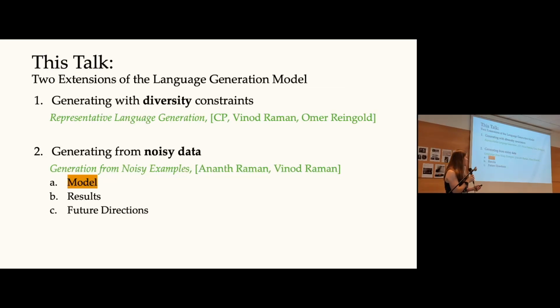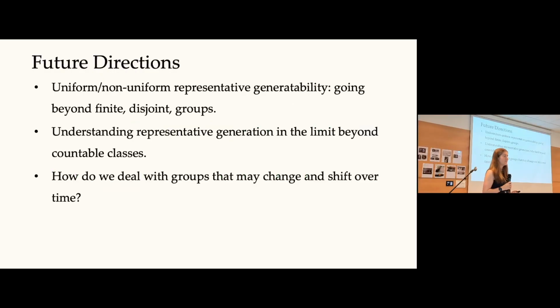Moving on to the second paper, generating from noisy data, I should ask, does anyone have questions before I move on? Yes? Since the condition on the groups is pretty general, does that give you some kind of cryptographic indistinguishability between the training data and the generated data, because you can take all the groups that are, say, polynomial time computable or something like that? Good question. I think you definitely could.